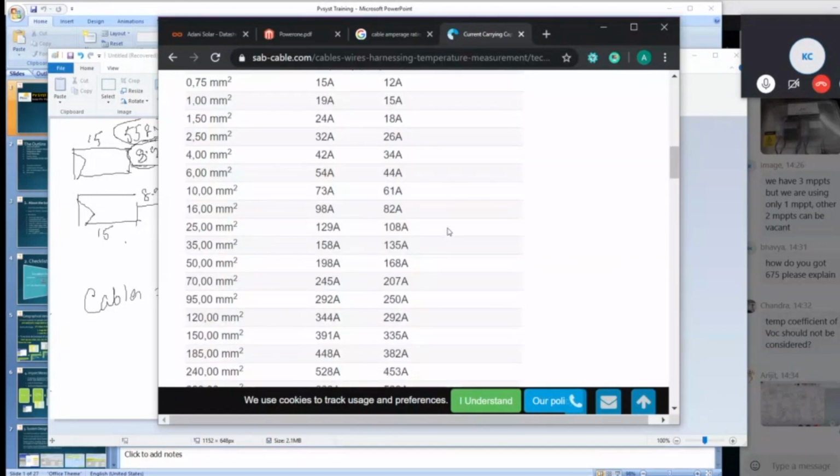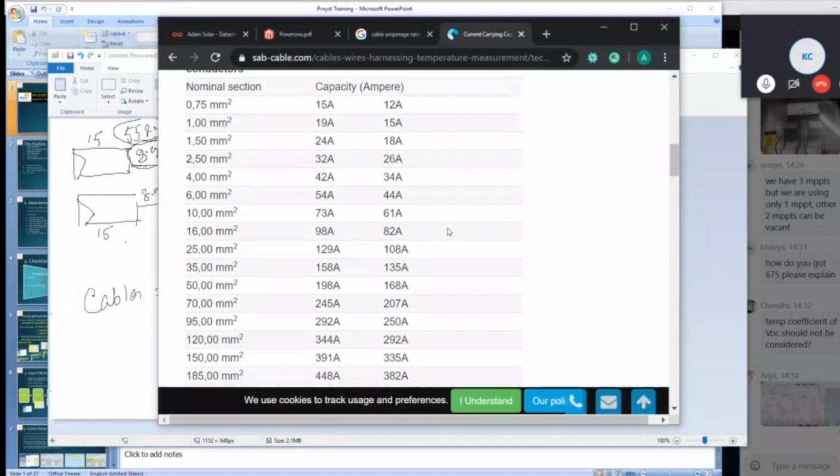Moreover, the first column is for single core and the next column is for 3 core, 3.5 core, 2 core or 4 core AC cable. In simple terms, the first column is for DC cable, the second column is for AC cable. If our current should be within 10 amps, 15 amps, then 0.75 square mm DC cable is more than enough.